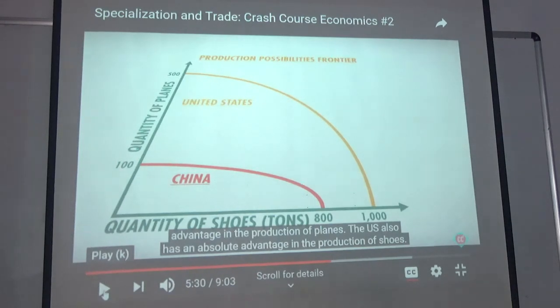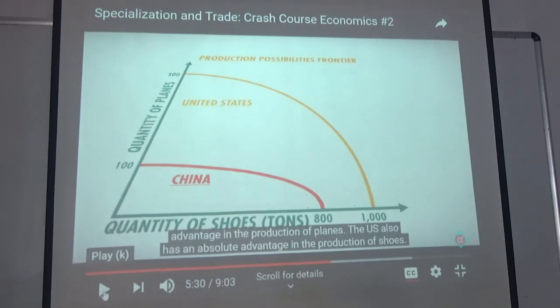That's an absolute advantage. In this example here, the United States has an absolute advantage in airplanes, 5-to-1 ratio, and they have an absolute advantage in the amount of shoes they can produce, which is at a 5-to-4 ratio.